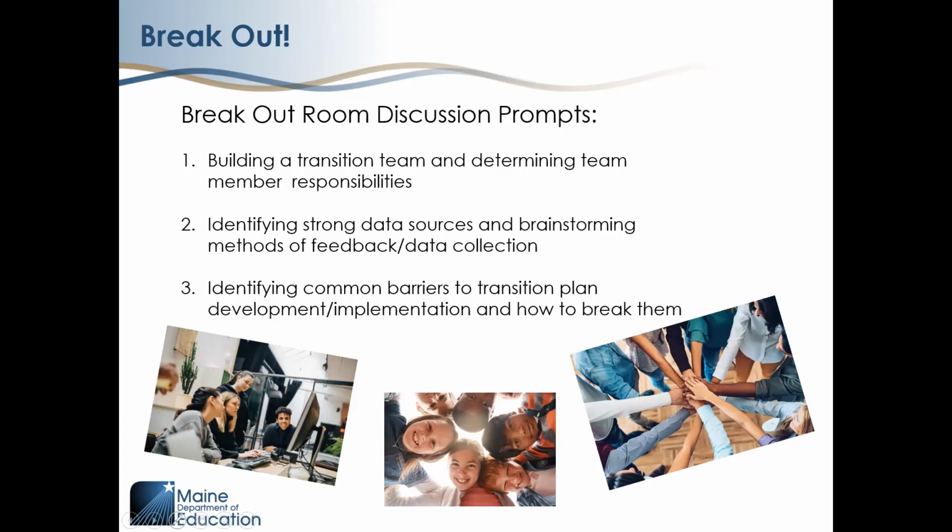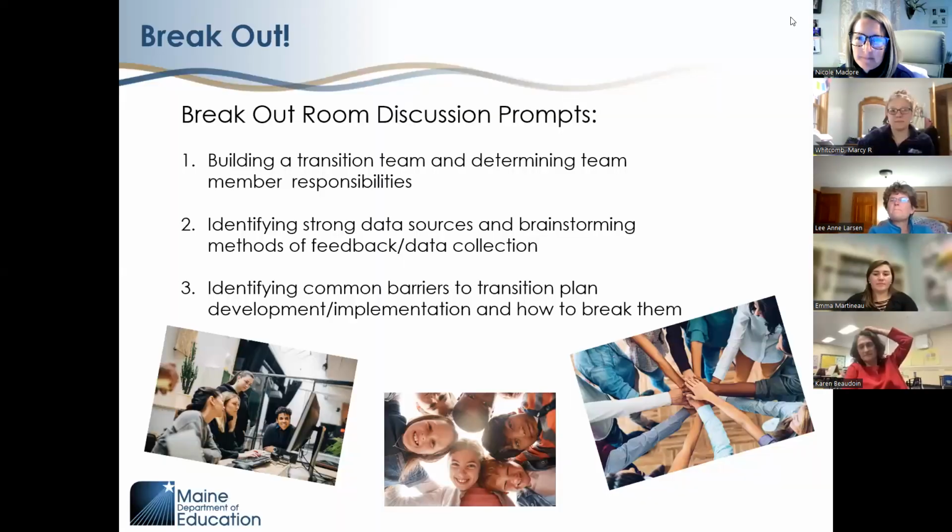Building a transition team and determining team member responsibilities would be the discussion in group 1. Identifying strong data sources and brainstorming methods of feedback and data collection, or what you're already doing, will be the discussion in room 2. And then identifying common barriers to transition plan development and or implementation and how to break down those barriers will be room 3.